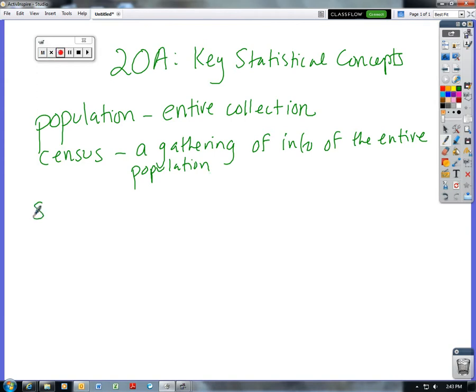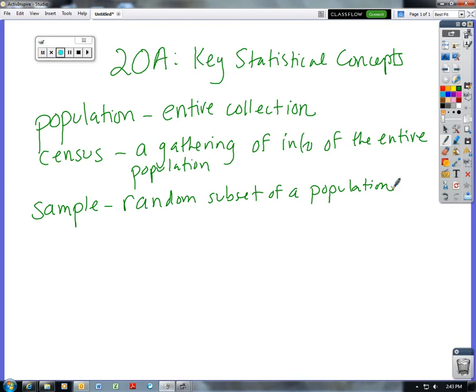A sample is a random subset of a population. Because often the population is so large that it would be very time-consuming or expensive or even impossible to collect the data for every single person or entity.